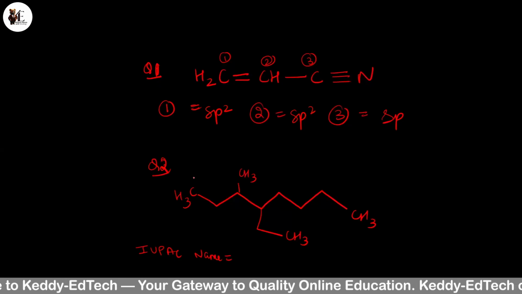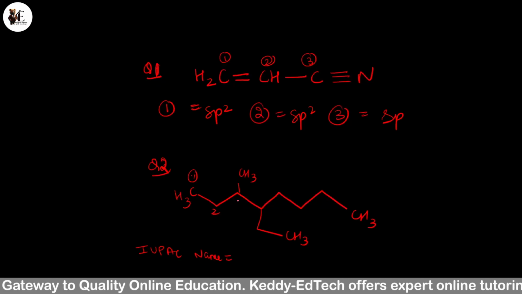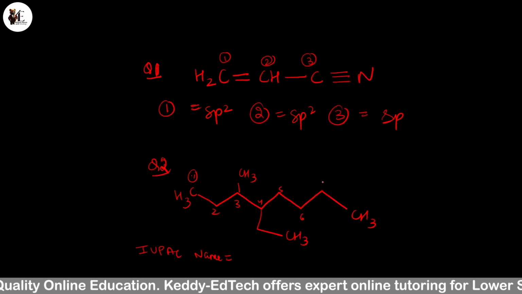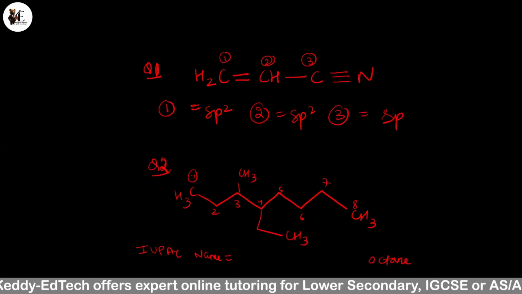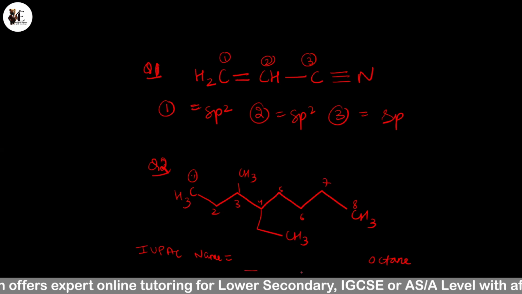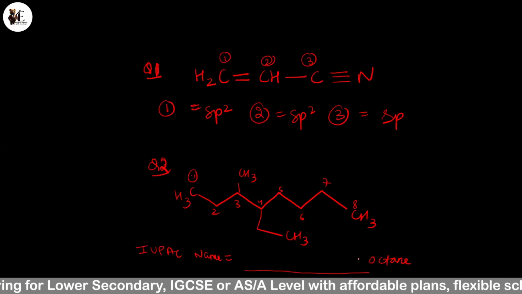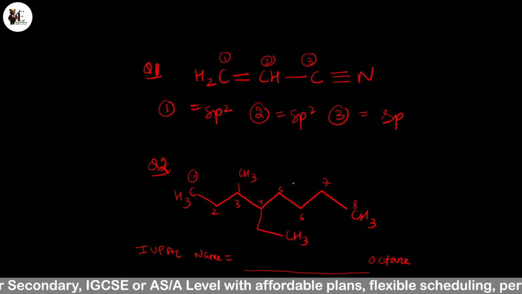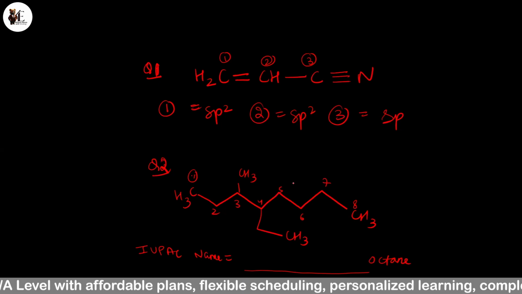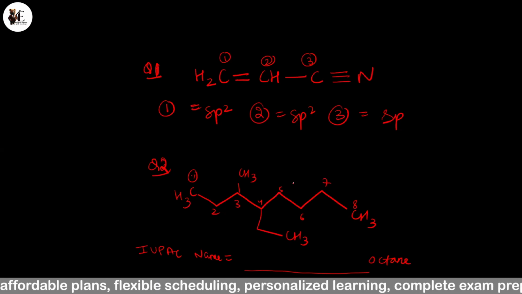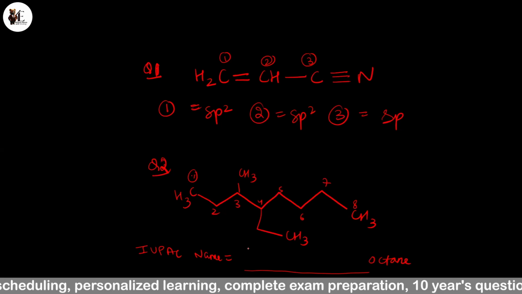Start from the longest chain. So let's start from here because the branching is nearest here. 1, 2, 3, 4, 5, 6, 7, 8. So it should be octane. Now tell me what should come here before octane. 3-methyl.